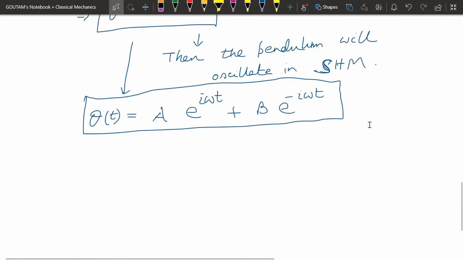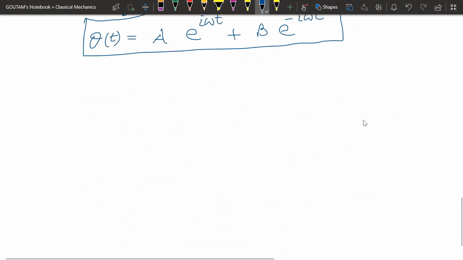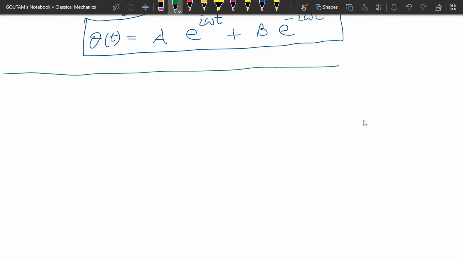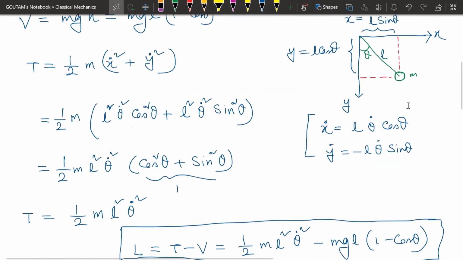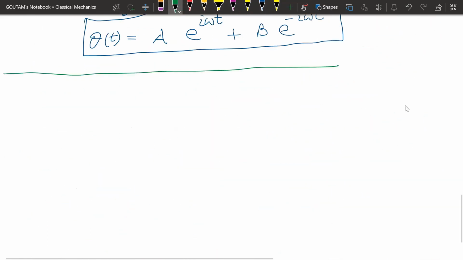Okay, so this was our problem 1. So the next problem, problem 2, let's first write the statement of the problem.